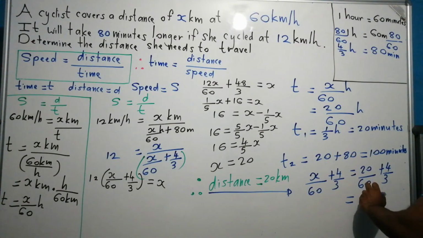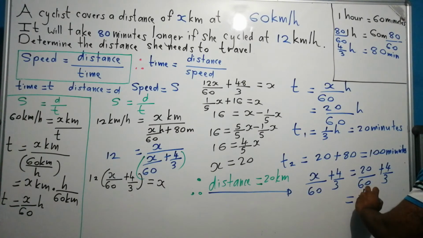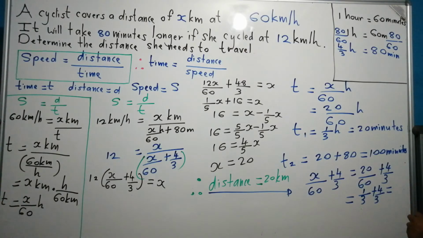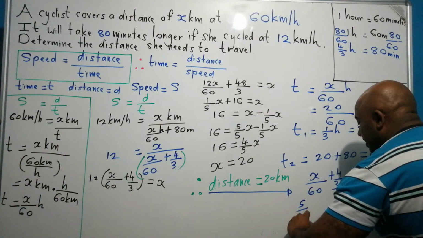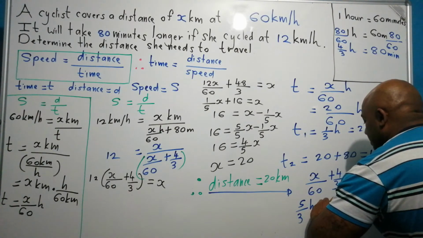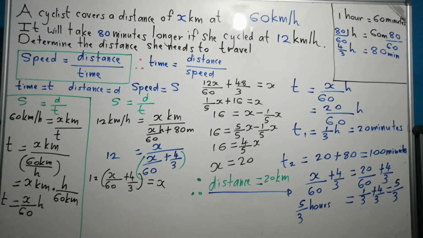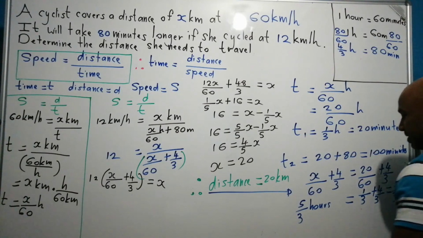So 20 over 60 was 1 over 3, plus 4 over 3. That was our hours. So 1 over 3 plus 4 over 3 is 5 over 3 hours. So what is 5 over 3 hours?